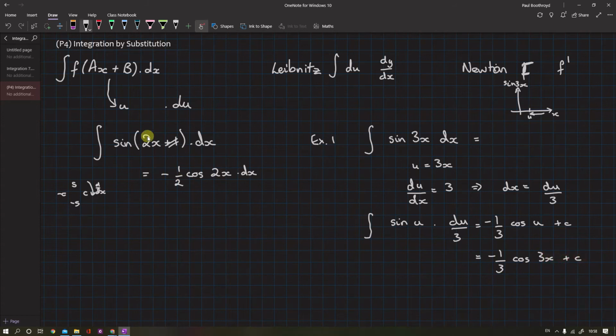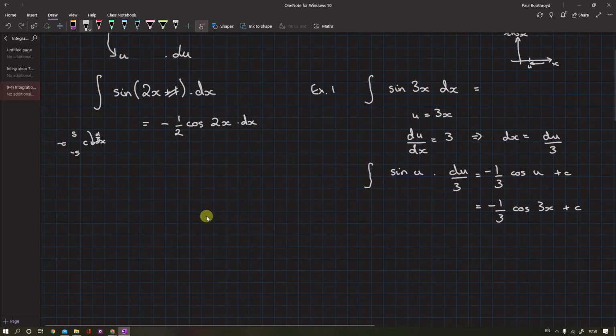And that's how you get this pattern to do with the standard integrals, where you take the coefficient of the number inside the function and it becomes a denominator on the outside. We can do it with more general functions. So here's an example: the integral of cos of 2x plus 3 with respect to x.